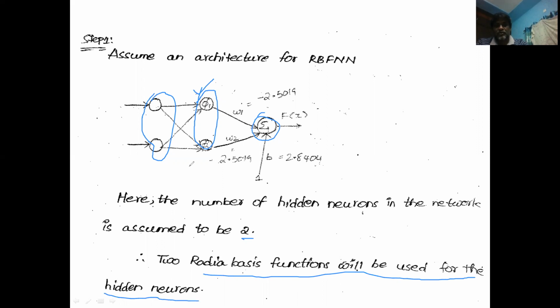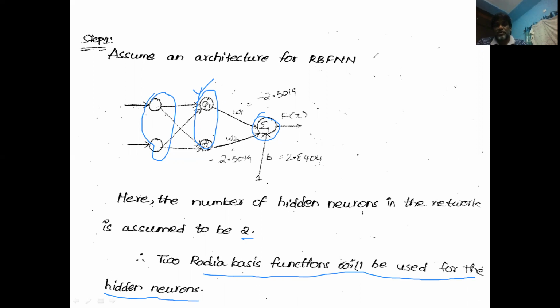That means if you have two hidden neurons, then you must use two radial basis functions. So the number of radial basis functions, that is activation functions, depends on the number of neurons in your hidden layer. Because we have two hidden neurons, we must use two radial basis functions for our problem.